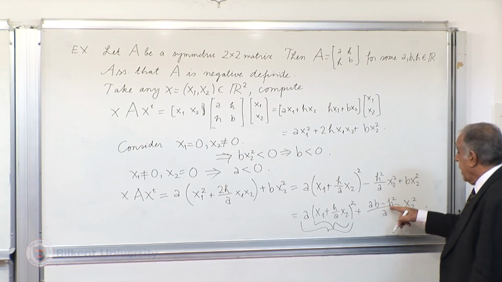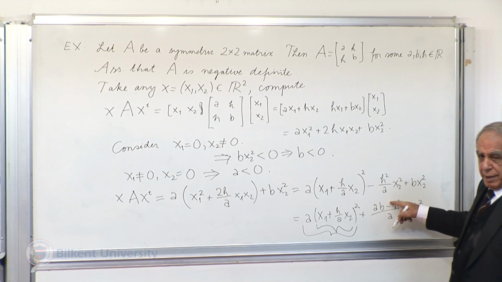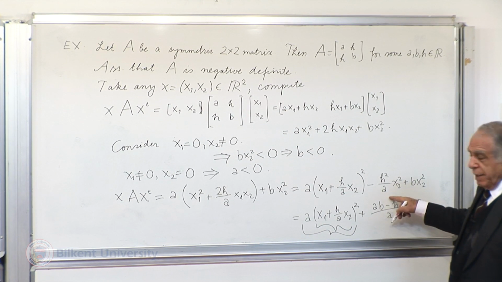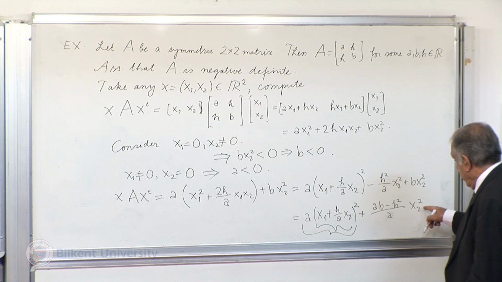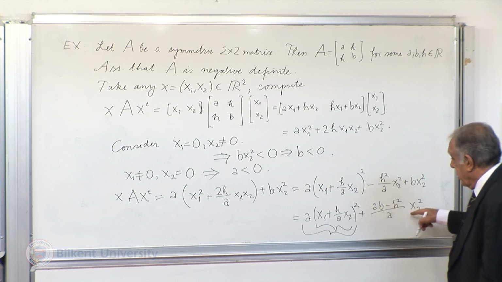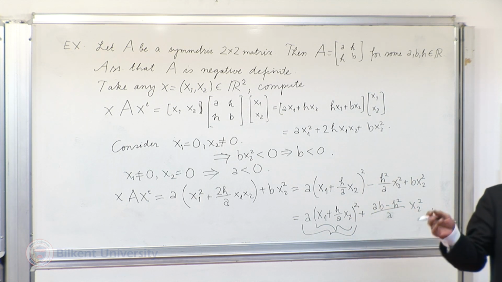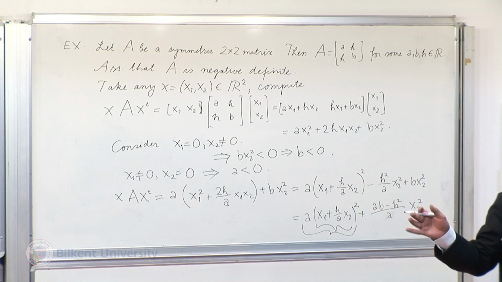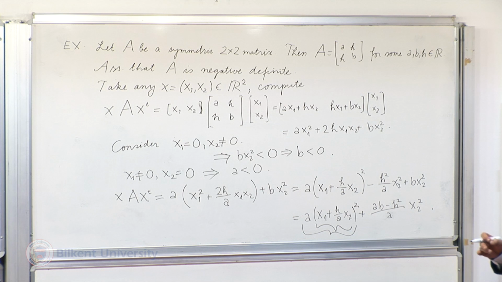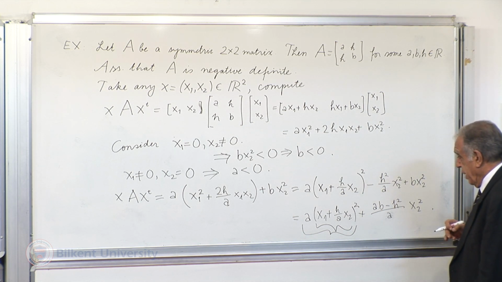Well, this is negative, this is positive. This will be negative. This x2 squared, well, that will be non-negative. So this expression will be less than or equal to 0 all the time. Well, it still might be 0, but let's check that it cannot be 0.